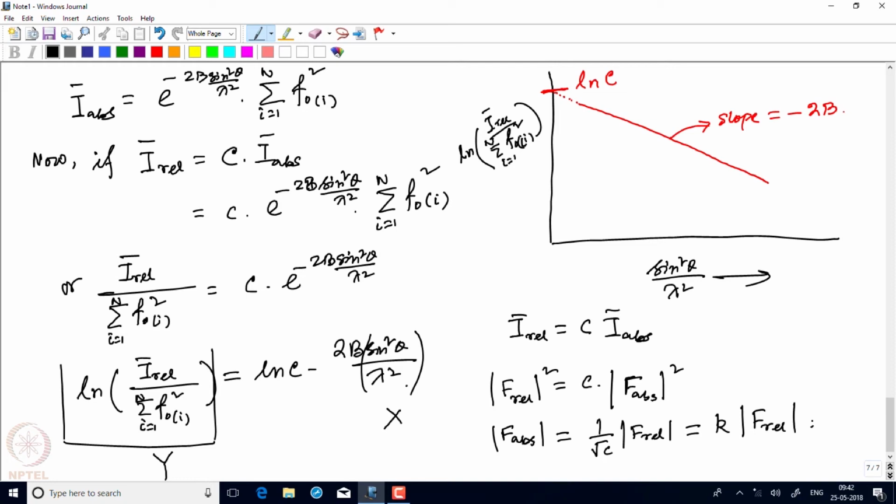So, we can establish a relationship between the absolute structure factor amplitude with the relative structure factor amplitude with a constant quantity K, which is written as the scale constant.